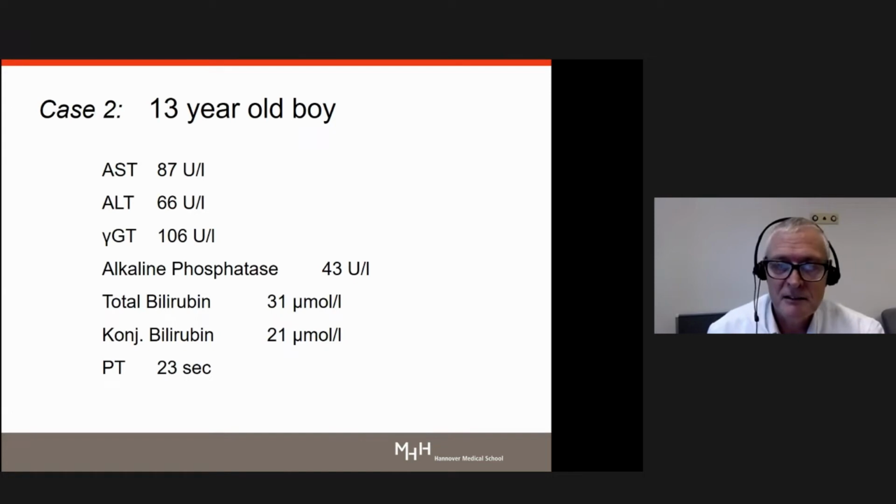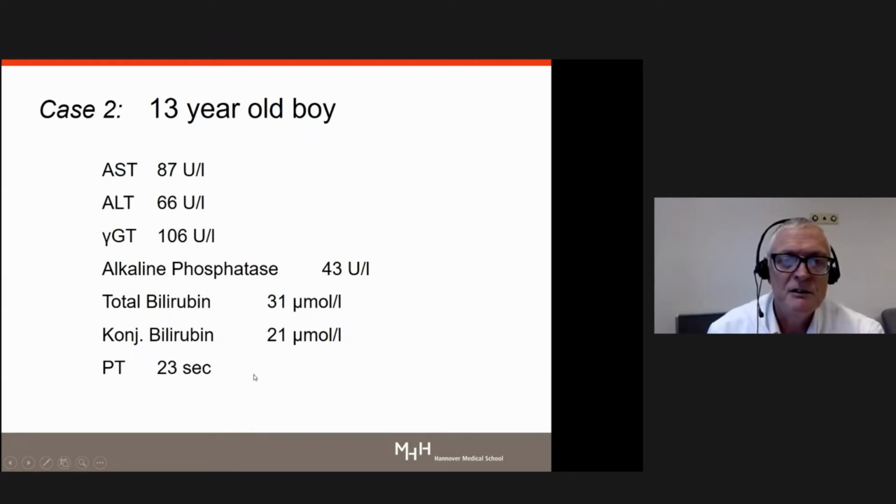A 13-year-old boy, our second case. Transaminase is much lower. Gamma GT, neither here nor there. Alkaline phosphatase, 43. What do you think? Is that normal for a 13-year-old pubertal boy? No, it's not. It's low. And the bilirubin is above the cutoff.